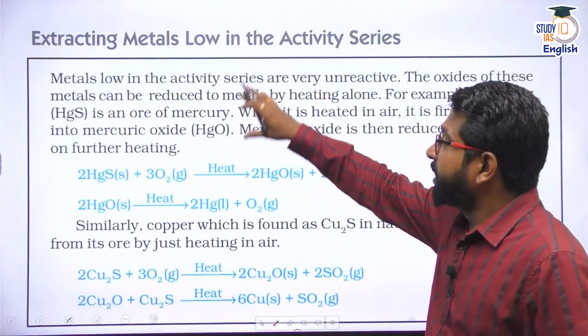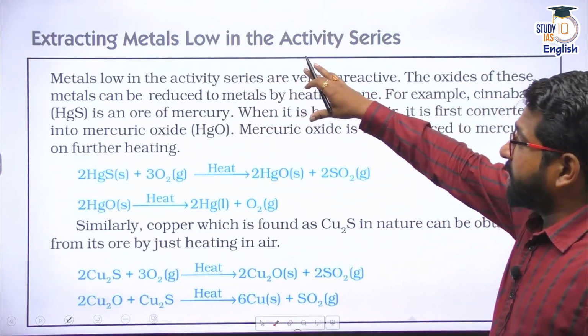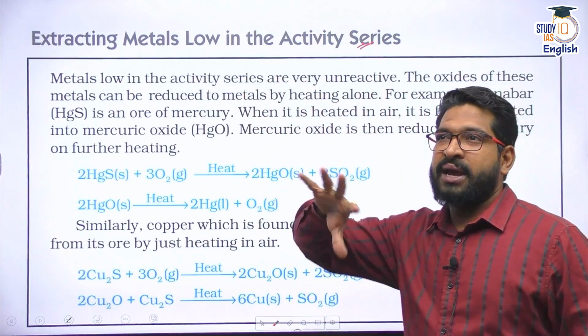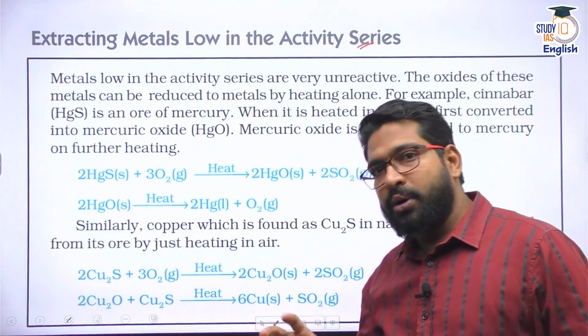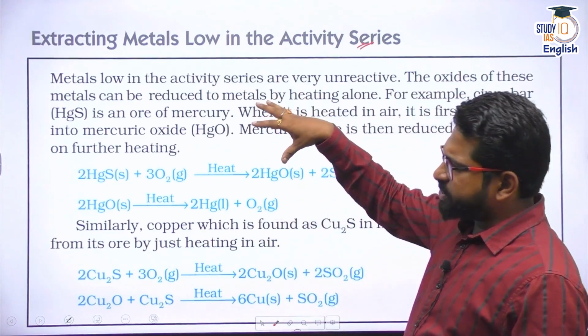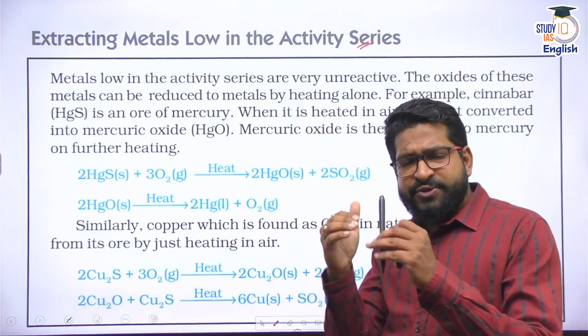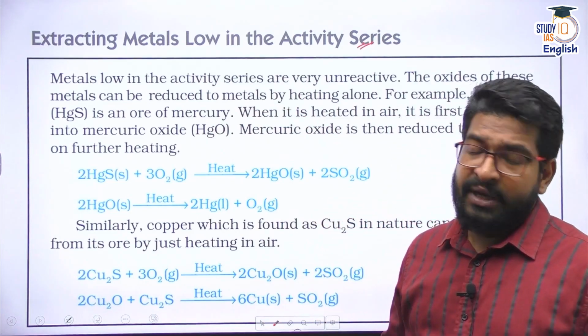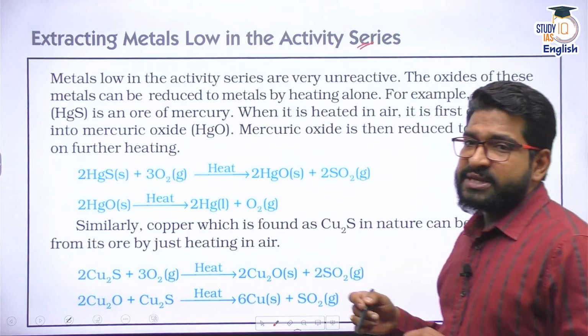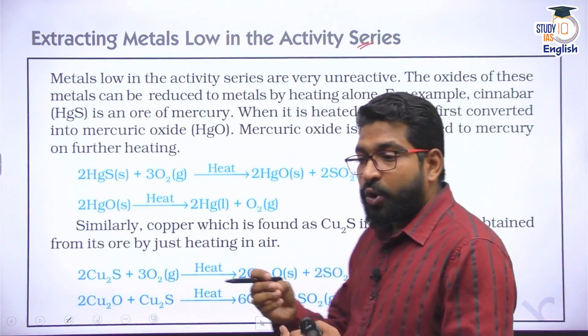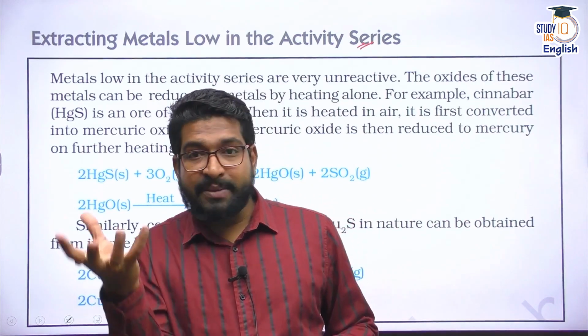If a metal is low in its activity series, say, I am not talking here about gold or silver, but let's talk about mercury and copper. These are metals of very low reactivity. Now generally we find these metals in the form of oxides, because oxygen is abundantly available.